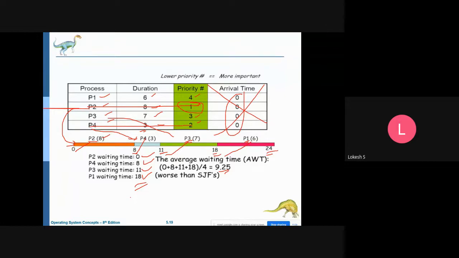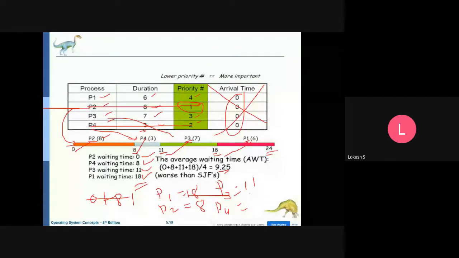P1's turnaround time is 24, P2's turnaround time is 8, P3's turnaround time is 18, and P4's turnaround time is 11.